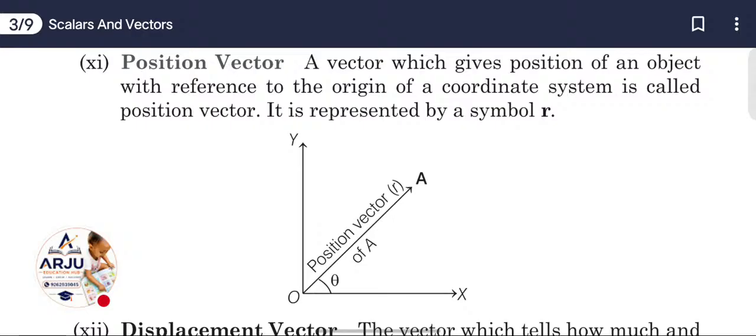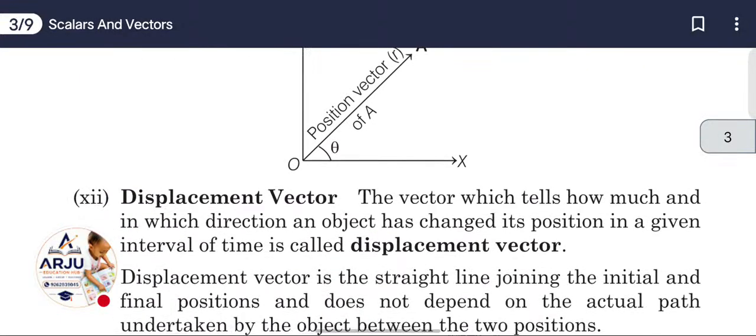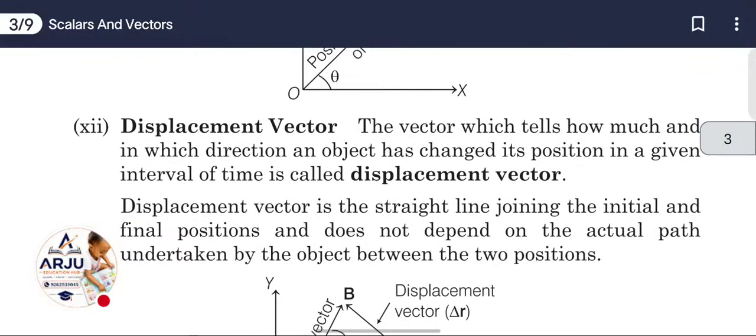The position vector r and the vector a make an angle with the x axis, and that angle is theta.